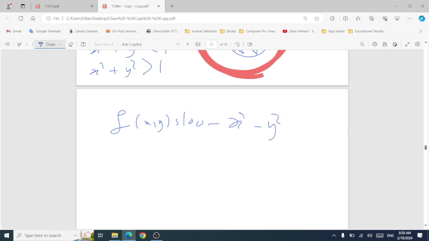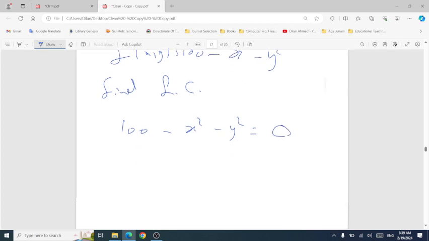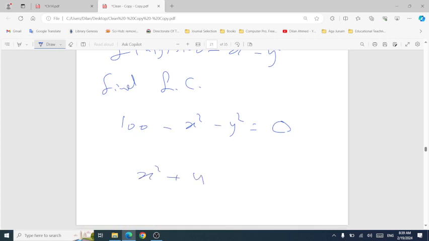In your exercise, find the level curve. I say 100 minus x square minus y square equal to c. Any number. For example, let in your mind be 0. C is the constant. So I'll get what? x square plus y square equal to 100. Am I right? Which means what? Circle, you are right.